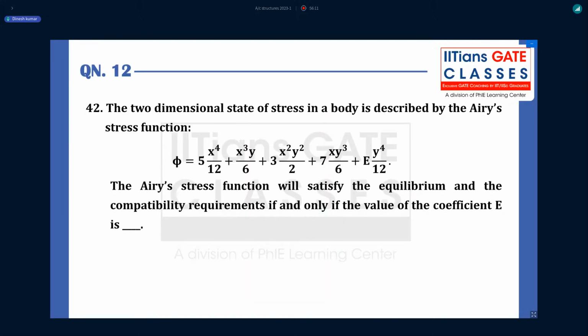So this is the last question, and it is from Airy stress function. Now guys, again I am telling, I think they haven't asked questions from Airy stress function in the last 2-3 years. So they may ask a question from it this year, and they have asked several questions from it in earlier GATE papers.